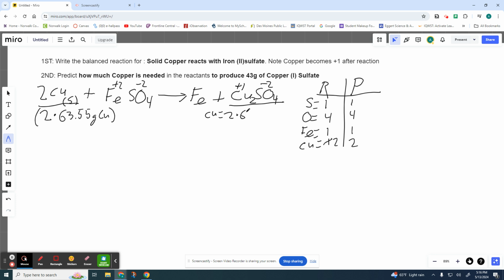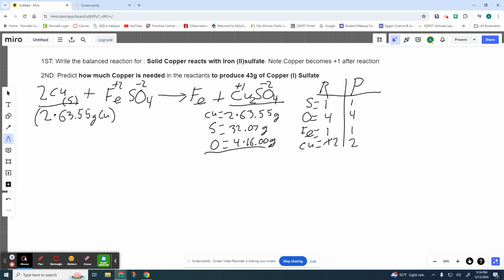Each copper is 63.55 grams. But then I also have a sulfur. If you look on the periodic table, sulfur should be approximately 32.07 grams. Oxygen, I've got 4 of them. And if you look on the periodic table, oxygen should be about 16.00 grams.